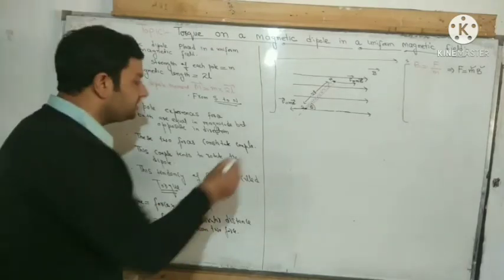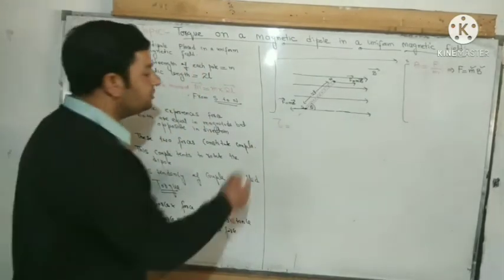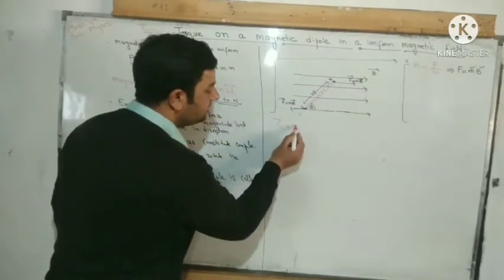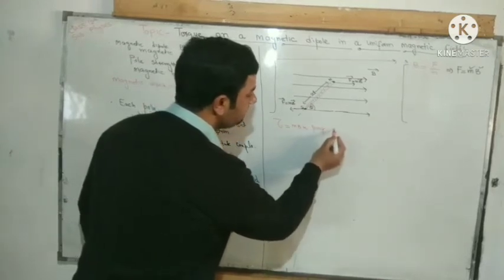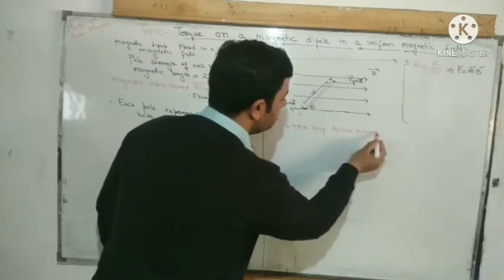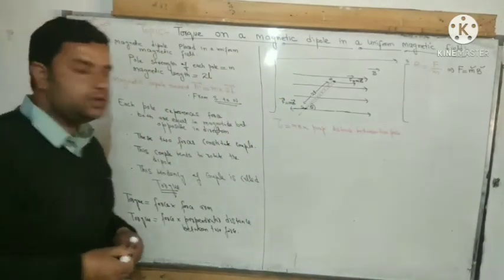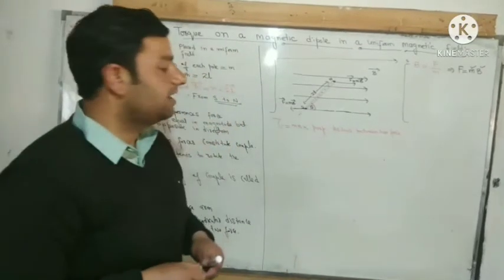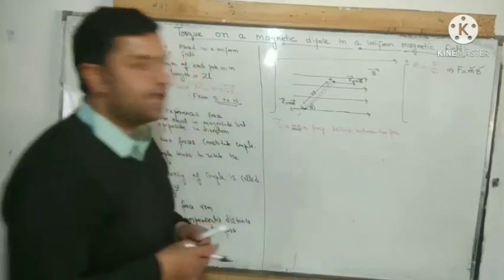So the torque, which we denote by tau, is equal to the magnitude of either force, that is mB, into the perpendicular distance between the two forces.